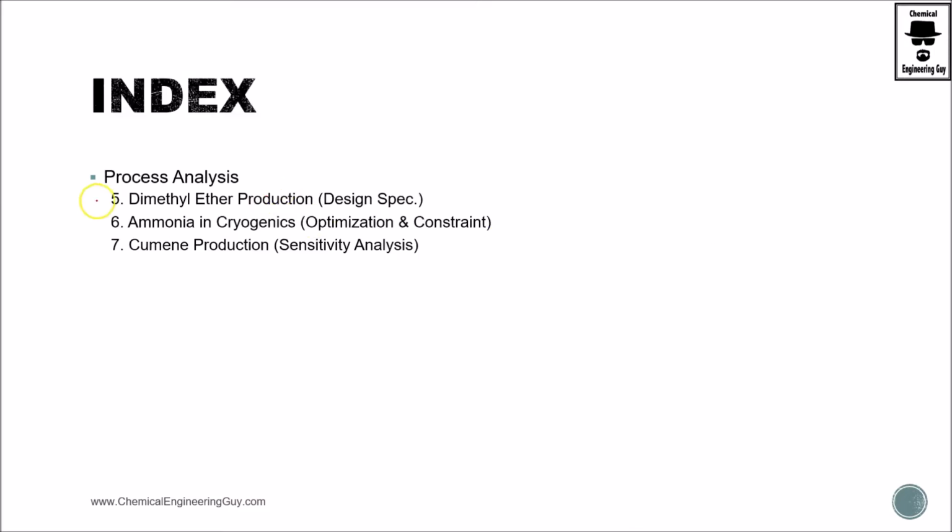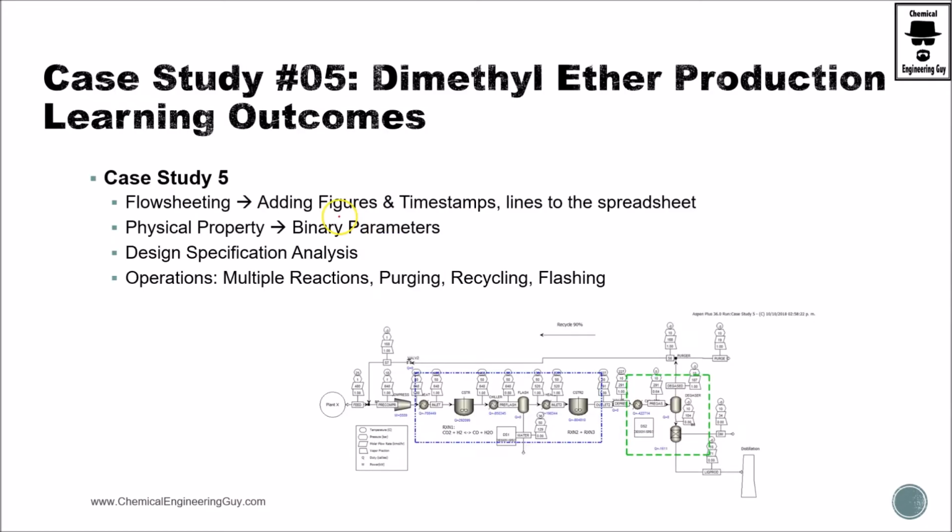The second part will be process analysis, which is 5, 6, and 7: design specification, optimization, and sensitivity analysis, respectively. Case study number 5 is a little bit more, let's say, long, with a lot of unit operations. You can see I show you how to add more representative figures.